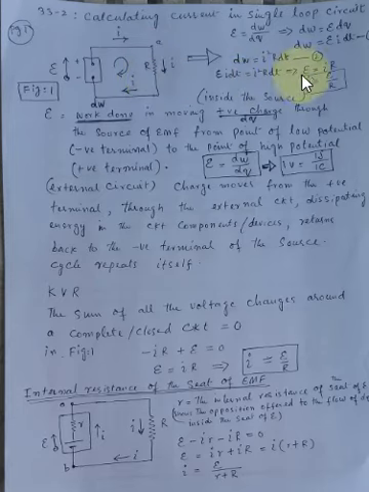So there is a loss of electric potential energy, and that loss will be given by I square R dt.